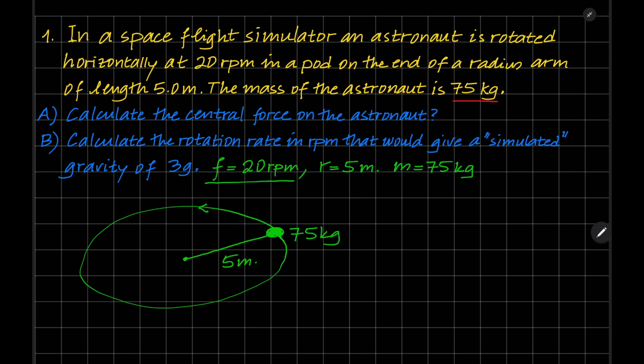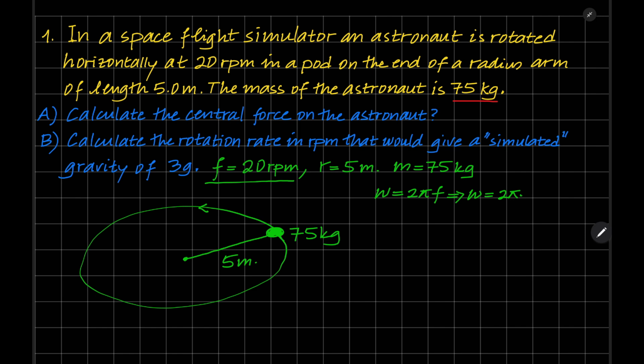We know that in angular motion, the angular velocity is equal to 2 pi f, 2 pi times frequency, which implies that angular velocity is equal to 2 pi times... We need to convert the revolutions per minute into radians per second.